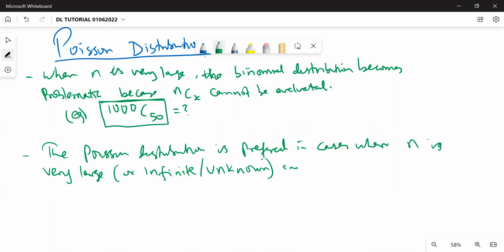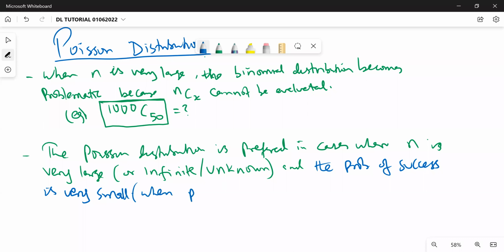In addition to that, the probability of success is very small. In other words, when p approaches 0, when the probability of success approaches 0, and also when n is very large, this means when n approaches infinity.